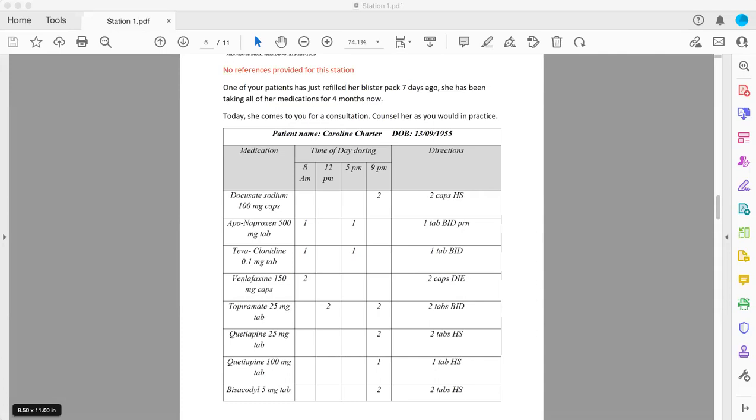Okay. I can see your profile here, your medication. You are taking glucosamine sodium at night. Are you still using this medication? Yes, I use whatever is in the blister pack. Okay. And can I know why you're using naproxen?